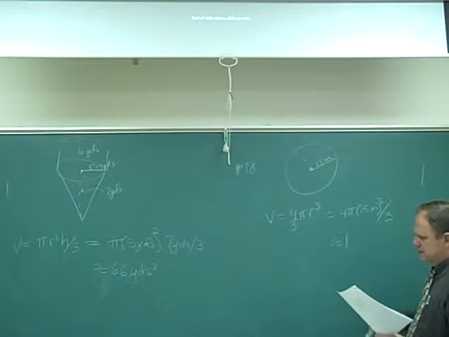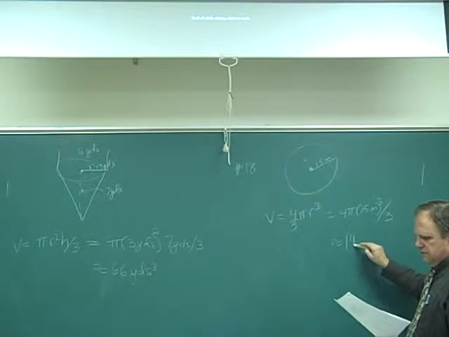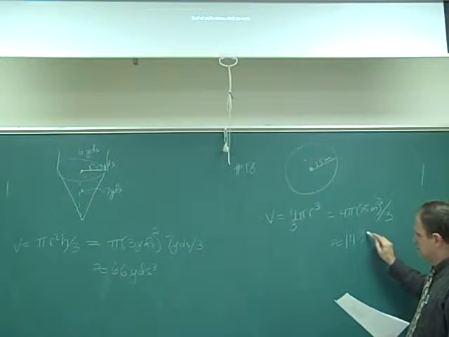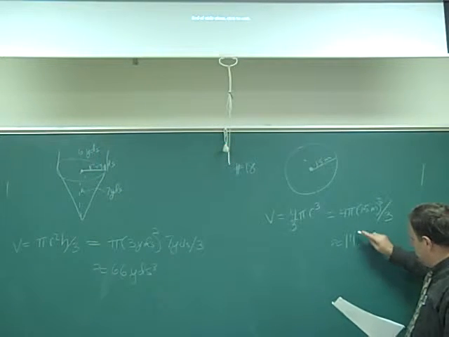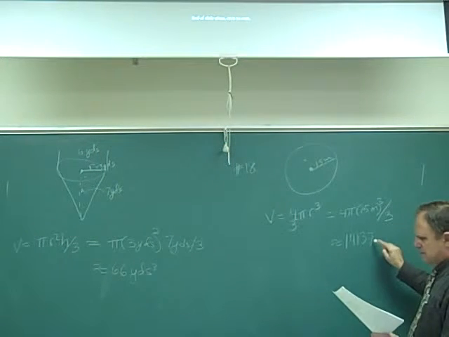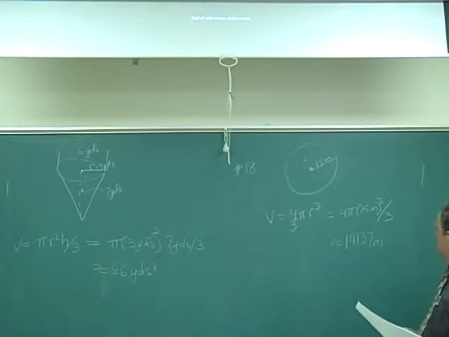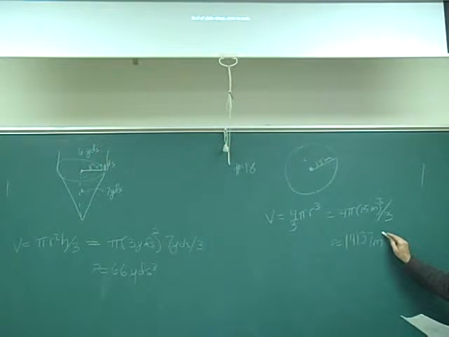It starts with a 1. 137 meters. What's the unit? Cubed. Good. Okay? Because we're rounding to the nearest whole number, we don't put a decimal point. Okay. Questions with that?